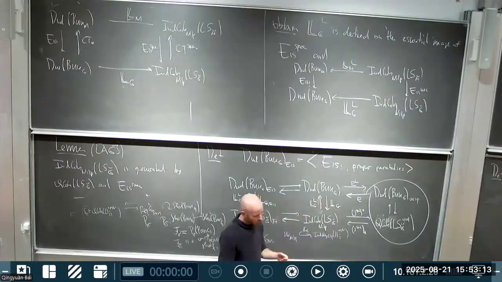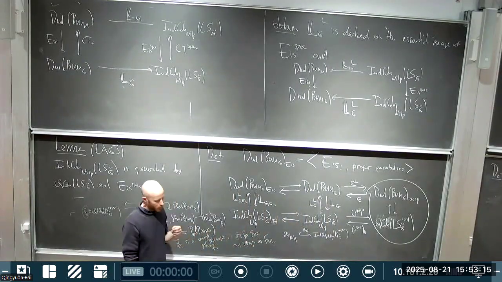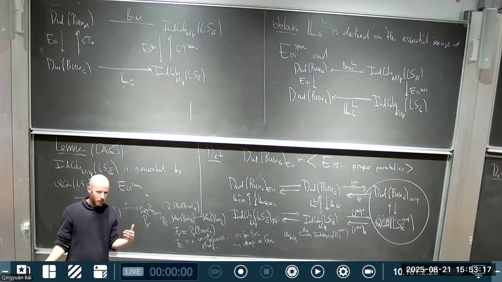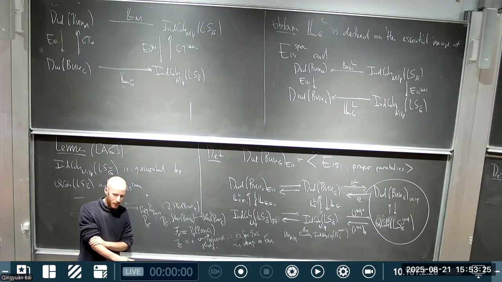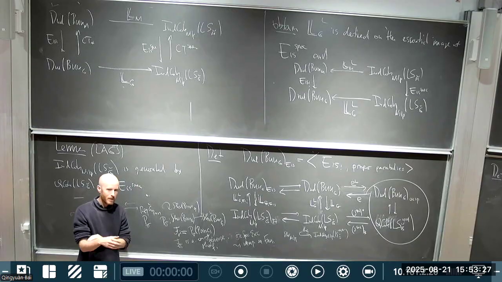Great. Okay, for me, I would say there's two things. So the first thing is there's a general feeling in the subject that the parallel to analytic difficulties in harmonic analysis is kind of homological algebra difficulties.